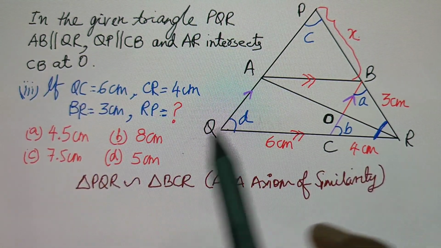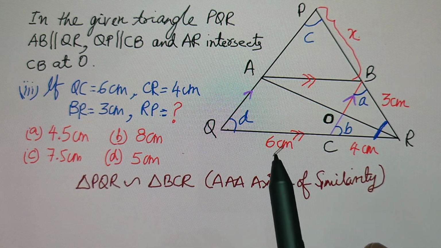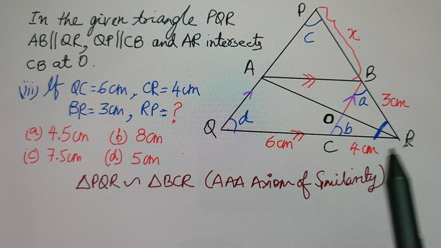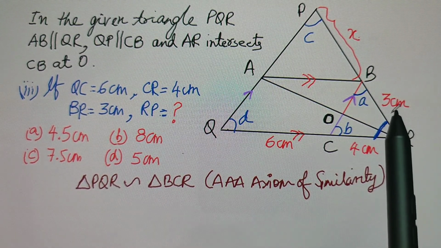Okay, in the third part of the question, we've been given the value of QC, which is 6 centimeter, CR, which is 4 centimeter, and BR, which is 3 centimeter.